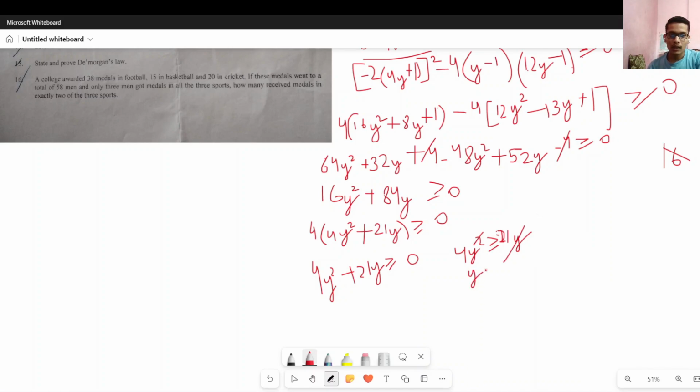We got y greater than or equal to negative 21 upon 4. Or we can write the range, that is y belongs to the closed interval negative 21 by 4 up to infinity. So this is the range of this question.